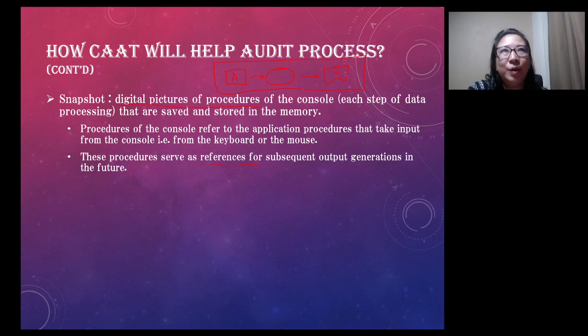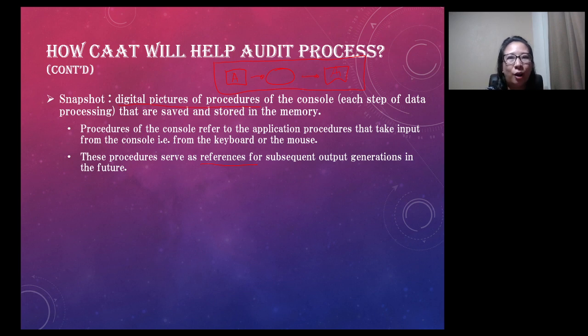And please don't imagine that a snapshot is literally taking a picture. Even though it's said to be like taking a picture, actually the system is recording the data input, the processing, and then the output. So the result is not a picture or image, but rather the data, the process, the input, and the output.